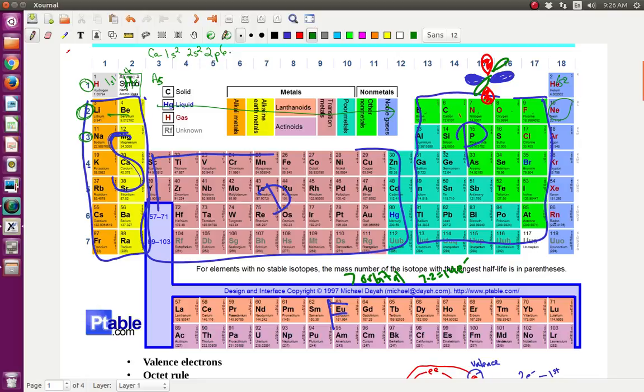We're back in the S block, so 3s, 1 and 2, 3s2. We go straight across, still in the third energy level, 3p, 1, 2, 3, 4, 5, 6. And now we're in the fourth energy level, 4s, 1 and 2. And that gets us calcium right there, 4s2.